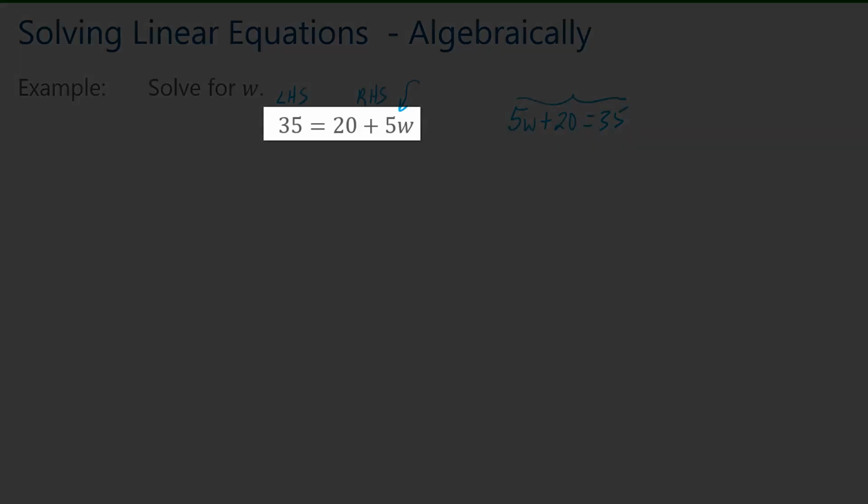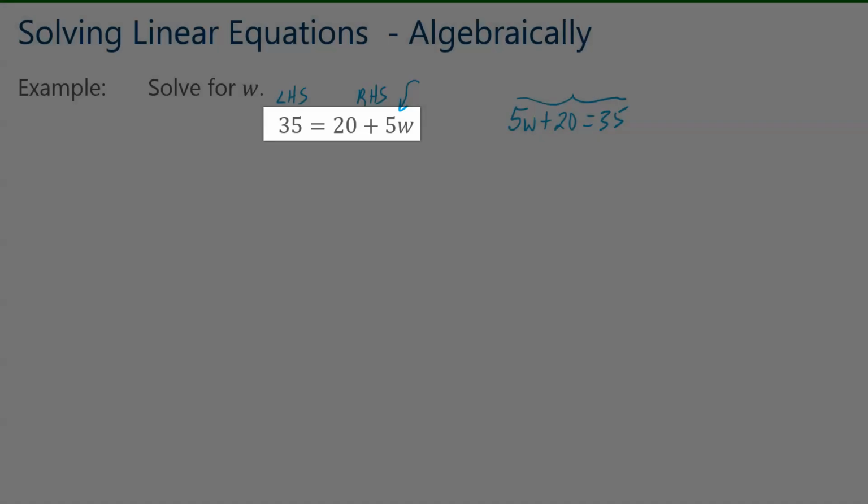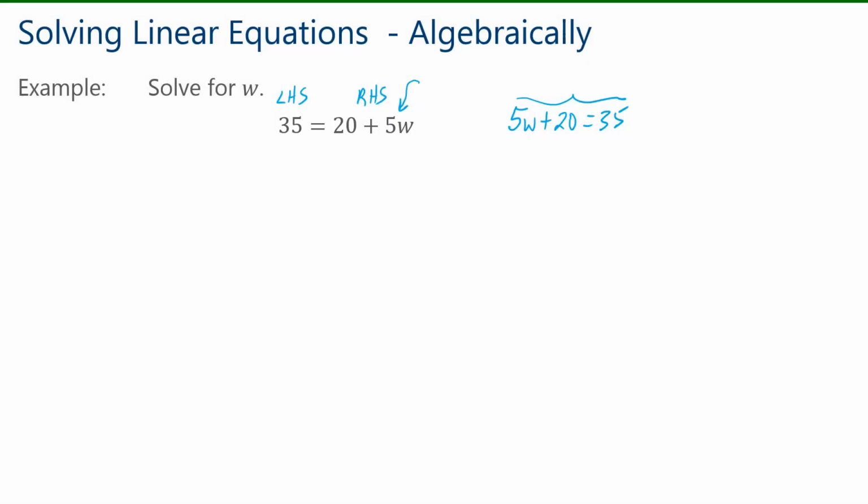Once again, I will work with the format that we've been given. I go over to the right-hand side because that's where my variable is too. I have to deal with the 20 first. If you visualize your 20 unit tiles there, we need to get rid of those 20 unit tiles, which would mean that I would need to subtract 20.